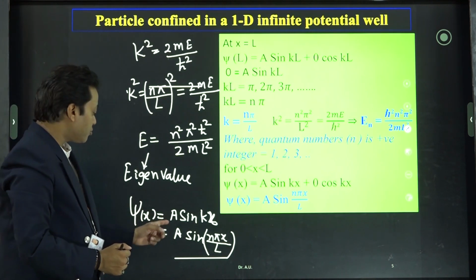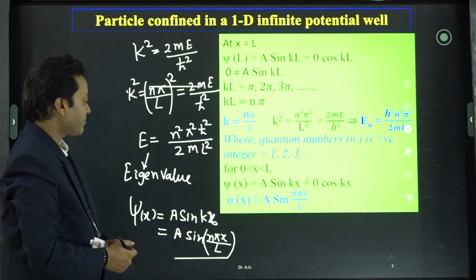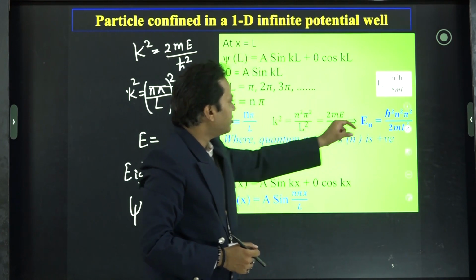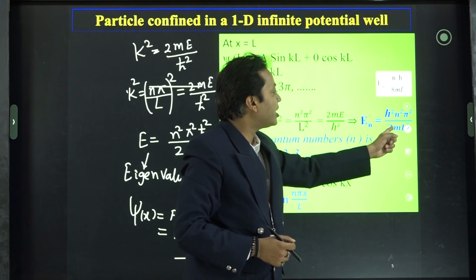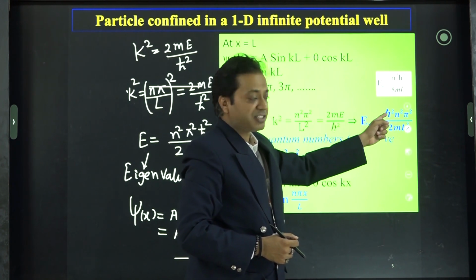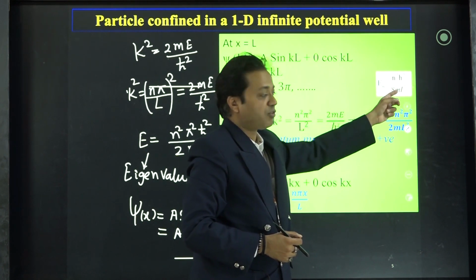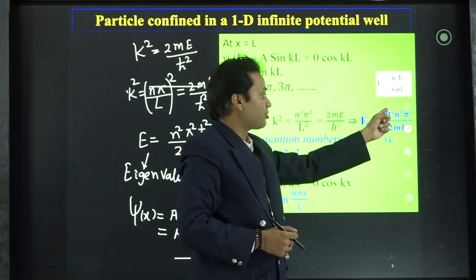Now, our job is to find out the value of A. What is the value of A? For this, also energy we have written here, n square pi square h cross square by 2 m L square. If we replace the h bar square, it will become n square h square over 8 m L square, because h bar is the reduced Planck's constant.